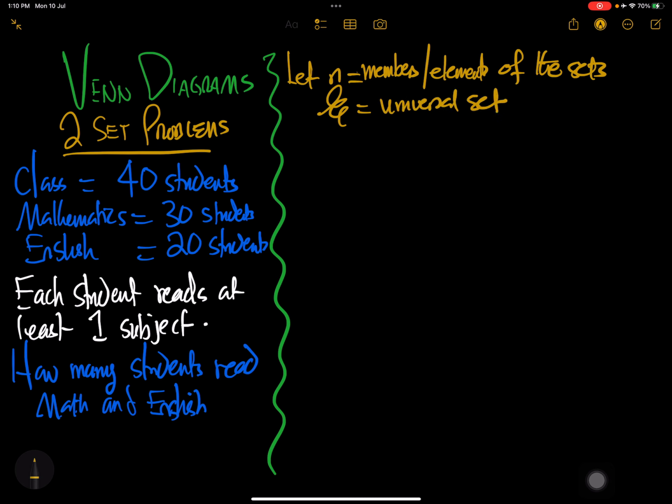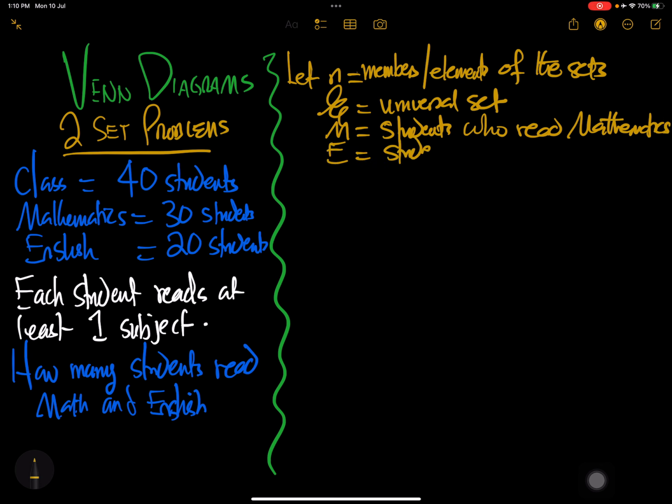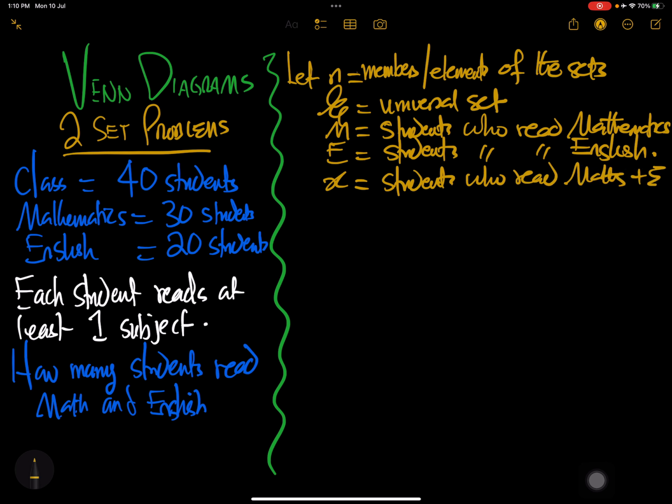Let M be students who read mathematics, and let E be students who read English. We're also going to let X be students who read math plus English.